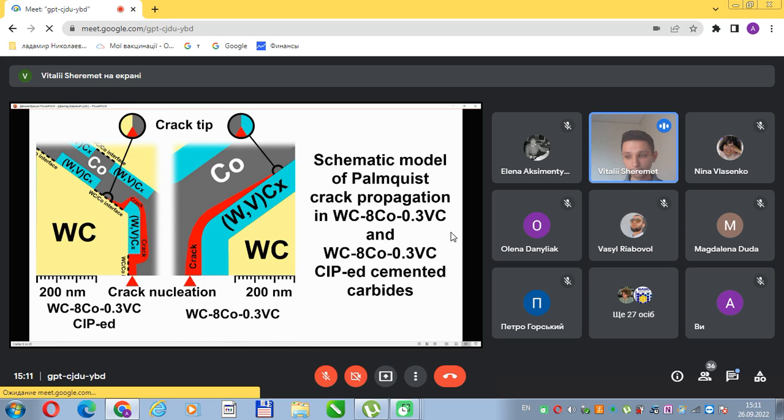The cobalt interlayer becomes thinner as well. In fact, there was a limitation associated with a lack of vanadium for the formation of the complex ion. On the entire surface of the tungsten carbide cobalt interface, areas free of complex ion appear.